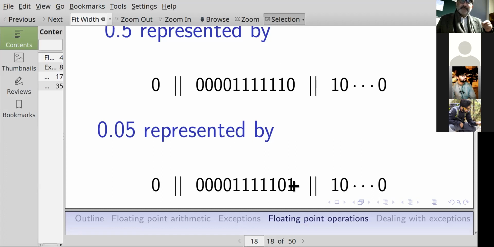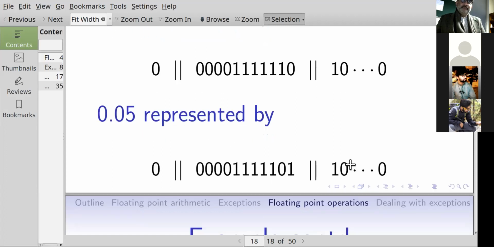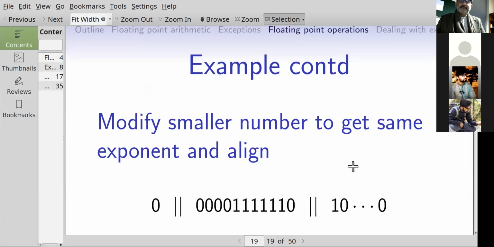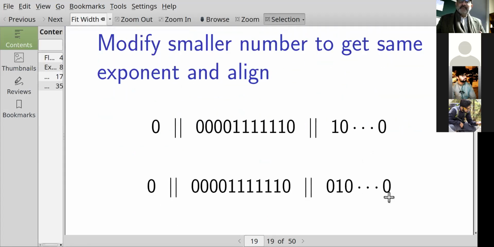And if I raise the power of this exponent, then I have to be dividing the mantissa by 2 so that I don't change anything. Okay? So this is what I'm going to do. I'm going to modify the smaller number to get the same exponent, and then I'm going to align the mantissas and I'm going to add them.